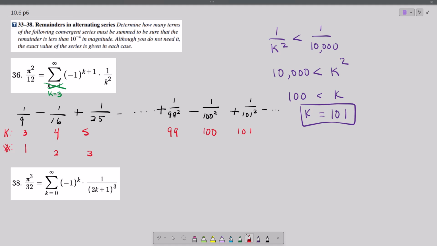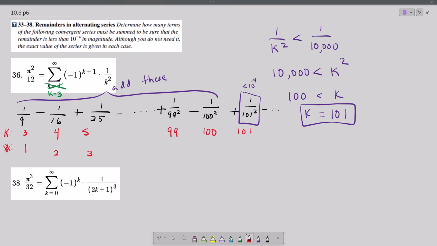So we figured out our k. The first k that's going to have a term magnitude less than 10 to the negative 4 is when k is 101. So that means this term is less than 10 to the negative 4. So we want to add everything in front of it. And the question is, how many terms is that? Here is our counter. Let's figure out what the pattern is.